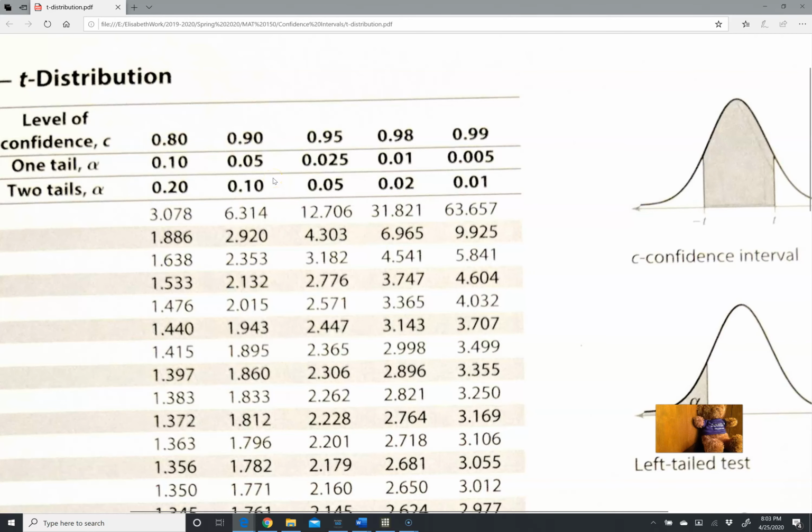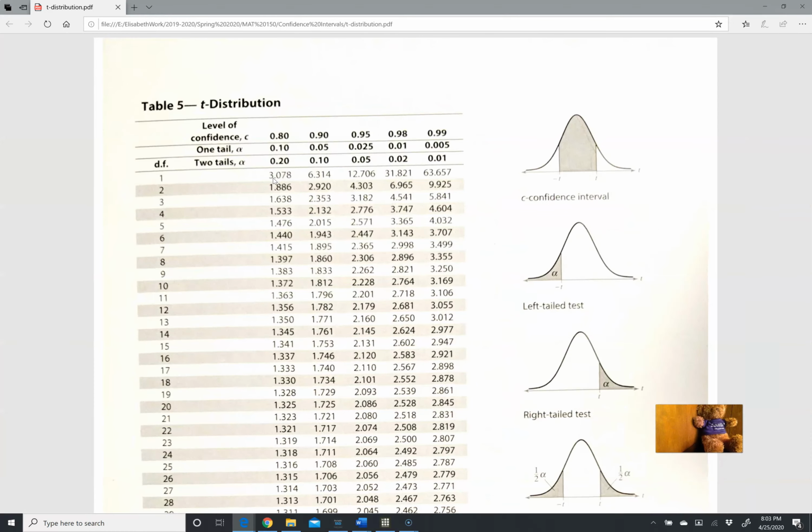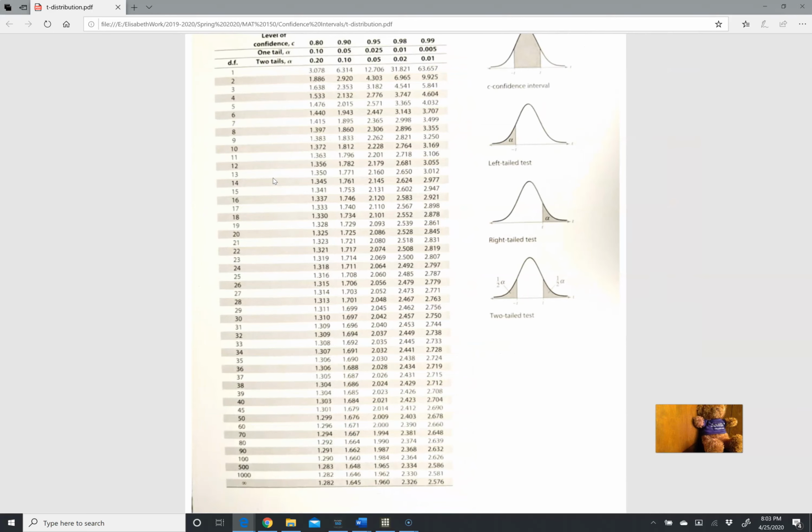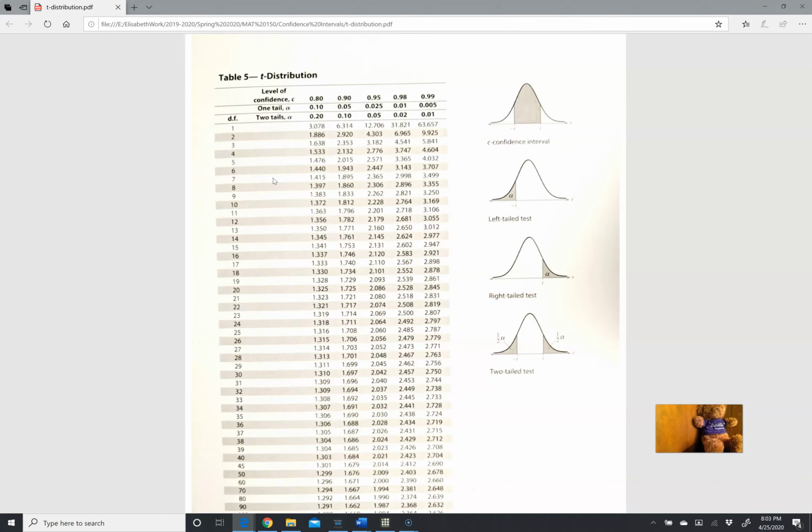So you're going to look at two things for this t-chart. You're going to look at the confidence level and you're going to look at the degree of freedom. Our confidence level for this is 0.95 and our degree of freedom is 14.